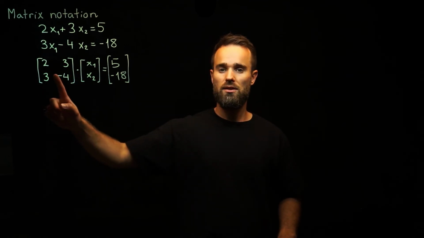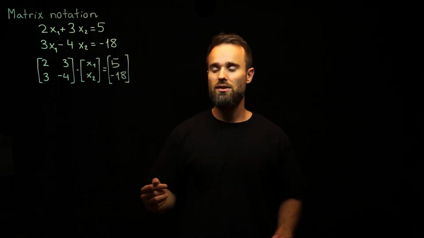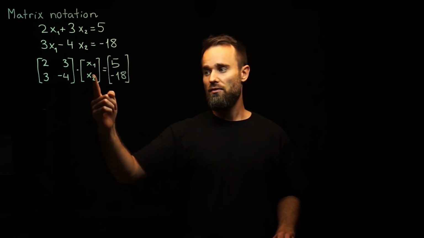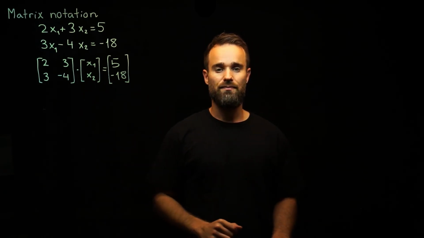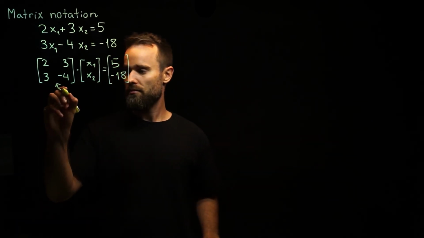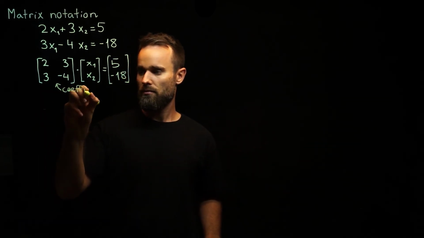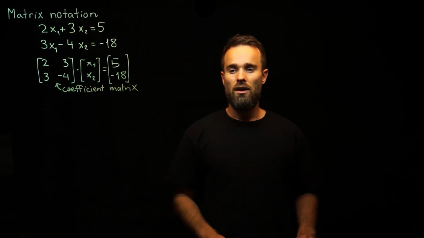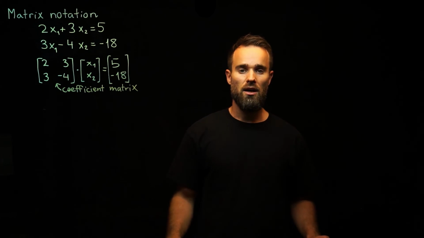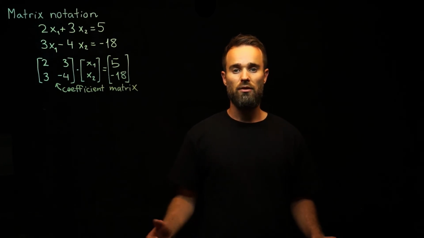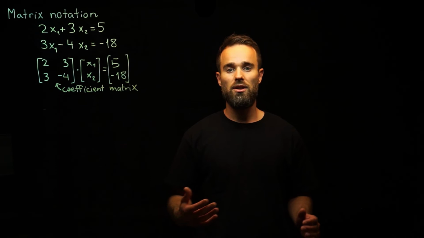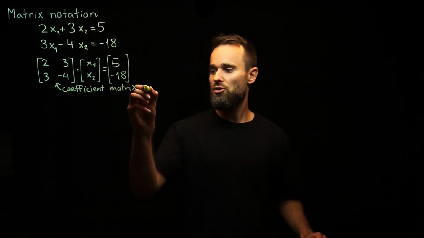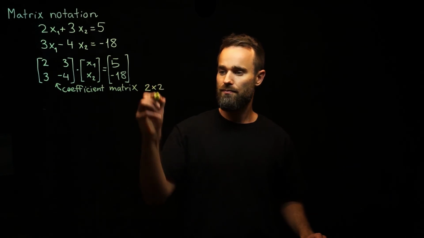This is a matrix, the coefficient matrix, and these are column vectors with the variables and with the constants. A matrix is a rectangular array of numbers. The number of rows and columns determine the dimensions of the matrix. The coefficient matrix is a 2 by 2 matrix.